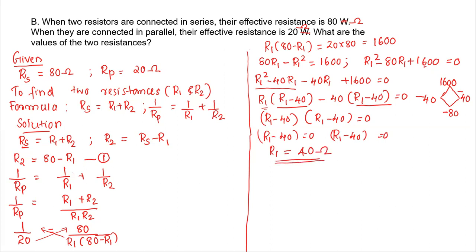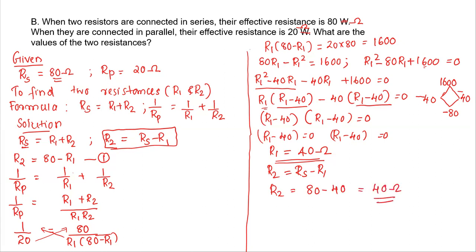Now, see what is R2? R2 is RS minus R1. RS we know is given in the question, 80. So R2 is equal to 80 minus R1, which is 40. So 80 minus 40 is 40.